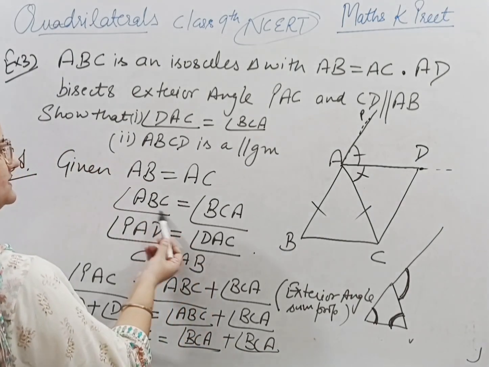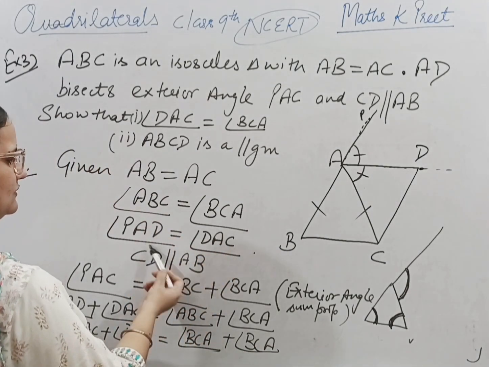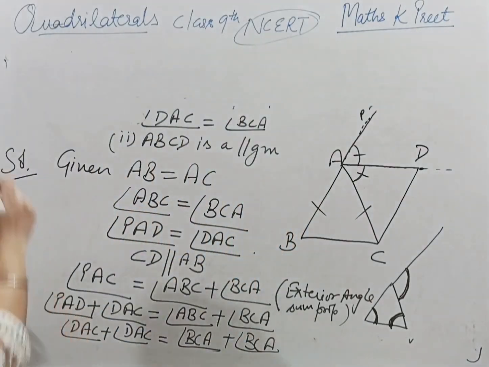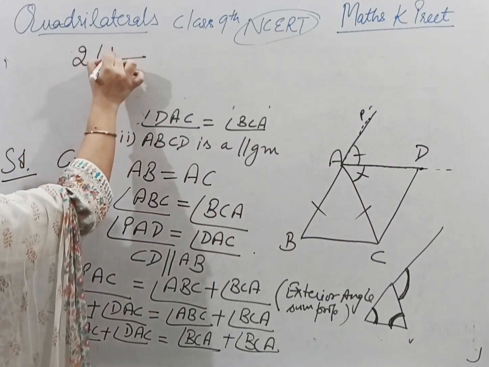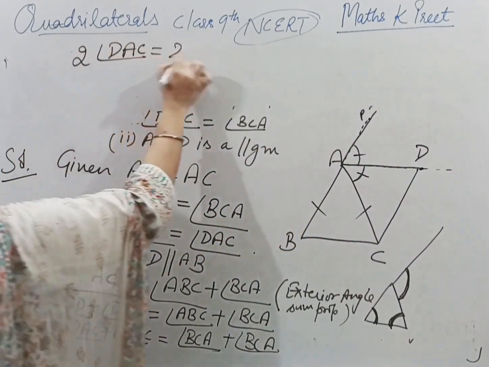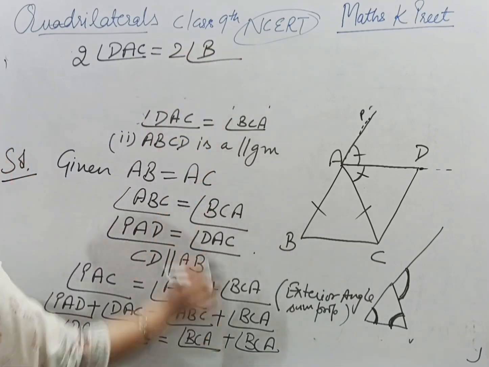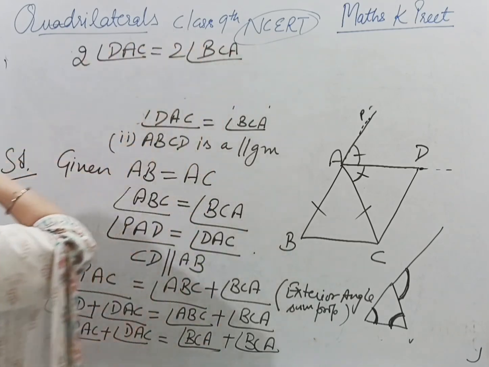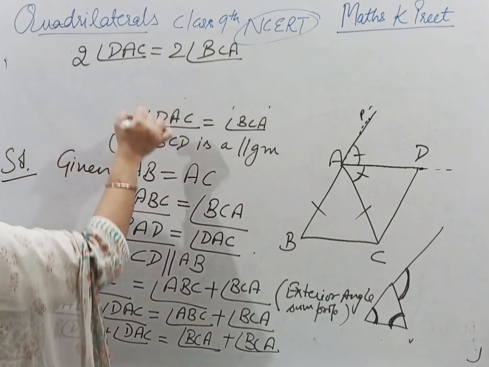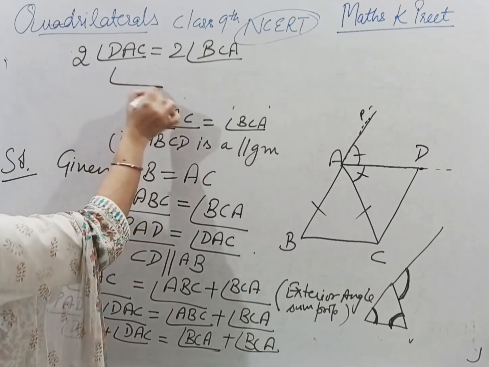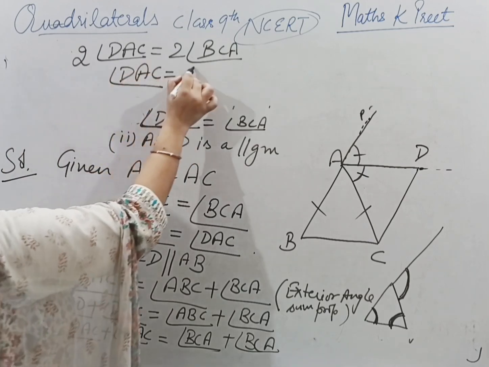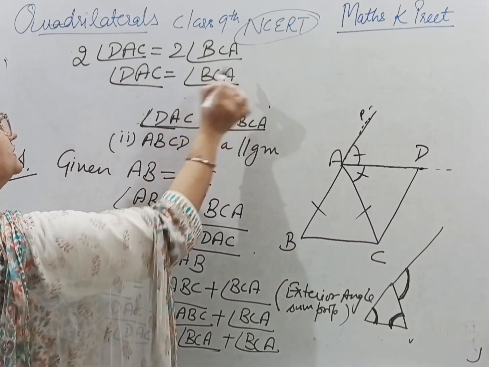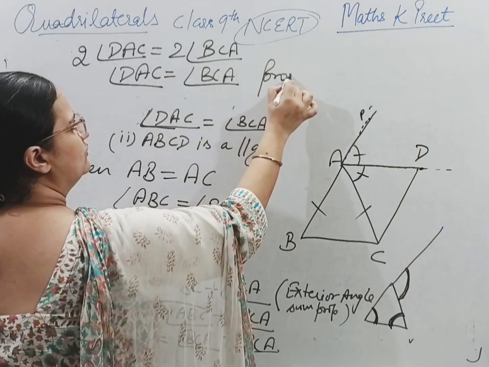Why? Because this is given according to the question. This is also given. So I have reached 2 times angle DAC is equal to 2 times angle BCA. Fine. 2 can cancel out from both sides. So we are left with DAC is equal to BCA. So the first part we have proved.